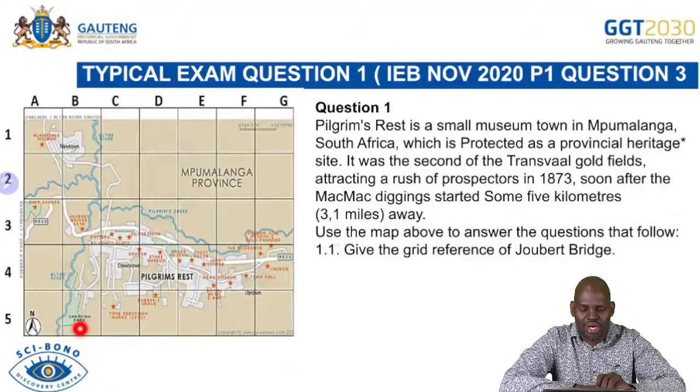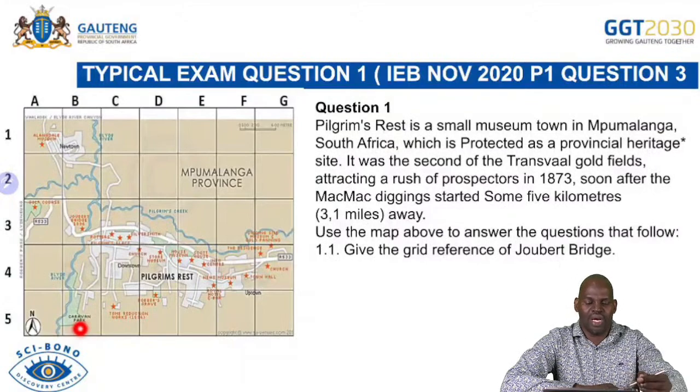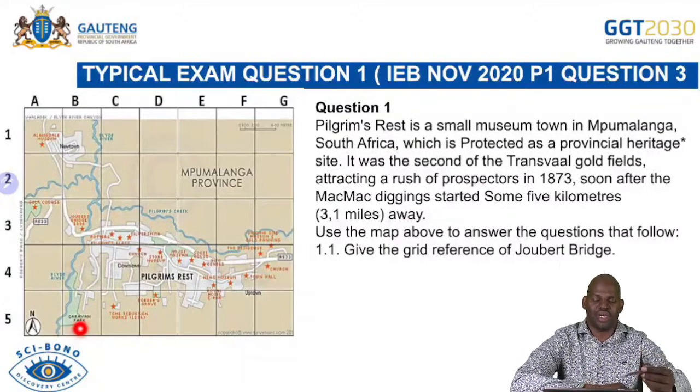Right, now the first question is, of course, use the map above to answer the questions that follow. 1.1, give the grid reference for Joubert Bridge. Now the grid reference, boys and girls, if you look at this map that is given, it consists of blocks.